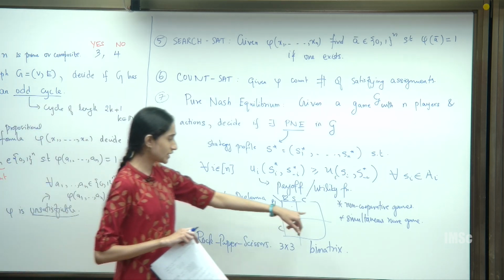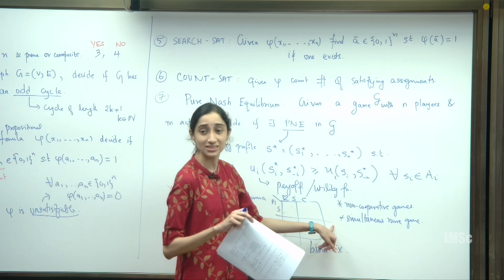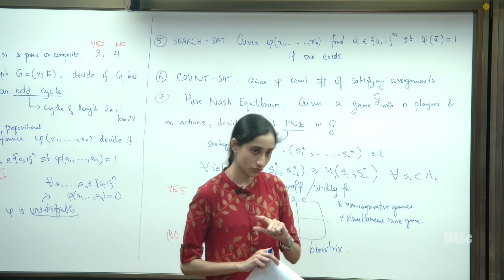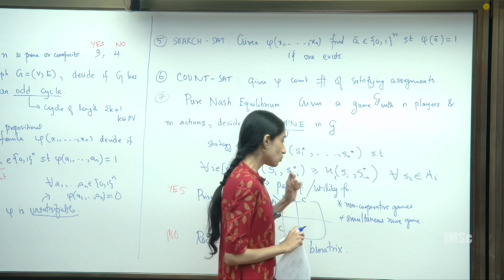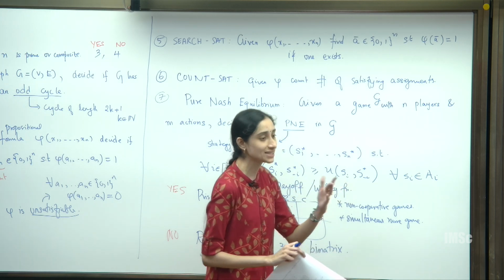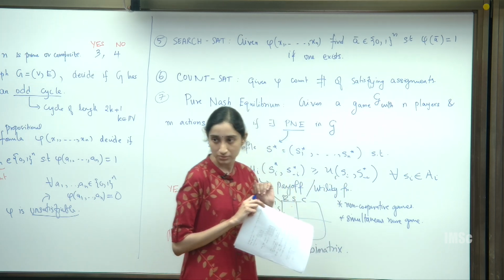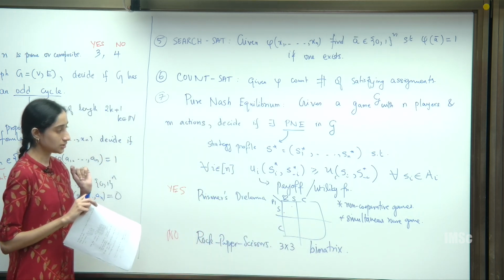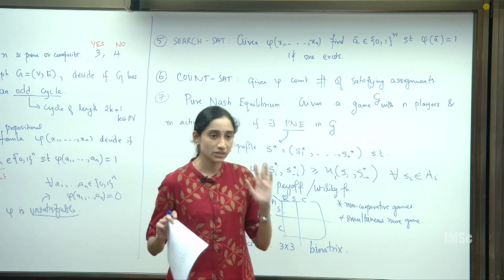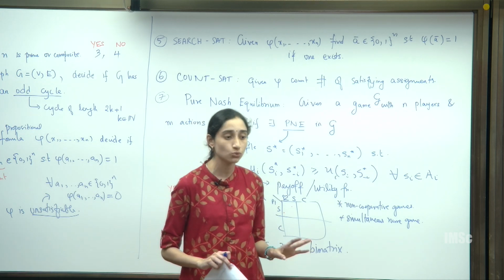This is different from chess. Chess is a sequential move game. First white moves, then black moves, then white moves. If white starts, then black can see what is the previous move white made. And if I play black, I actually have enough information of what possible moves white can make.